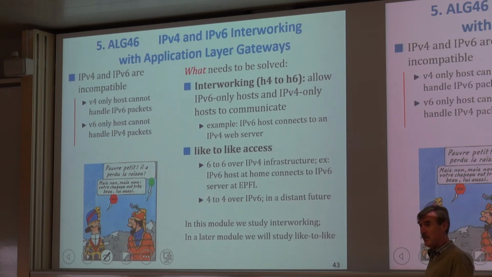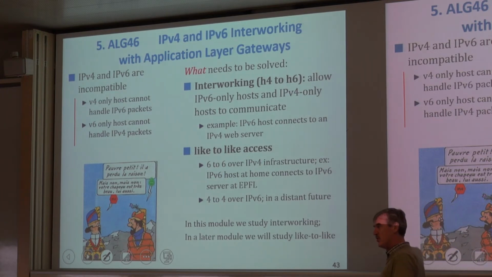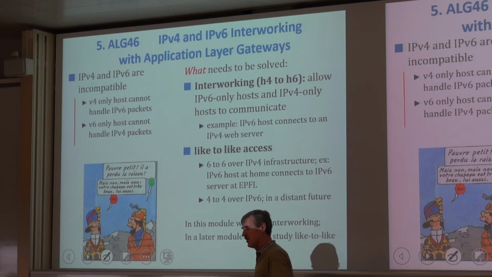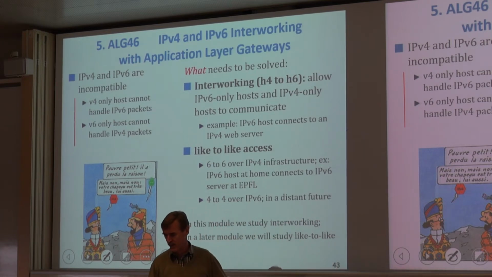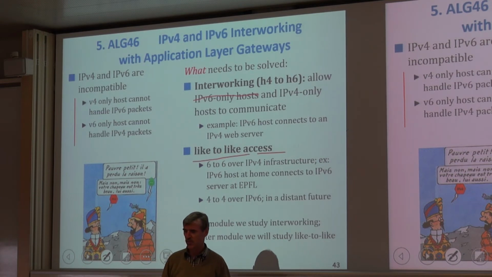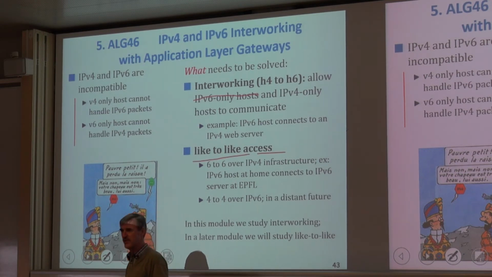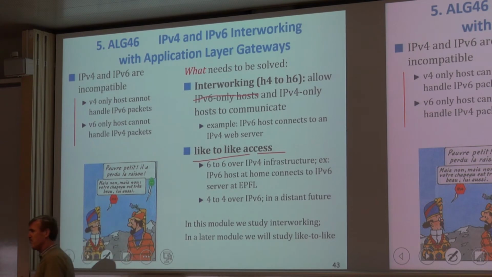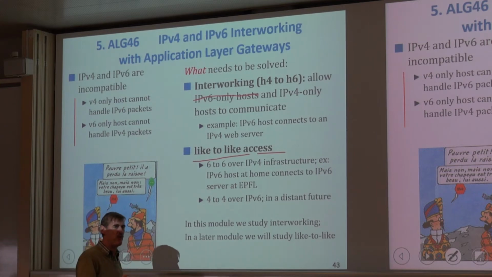To better understand what can be done and how to solve it, it is useful to make the distinction between those two words, interworking and like-to-like access, sometimes called simply tunnels. Interworking is the real hard problem, the one we would love to solve in all cases. I have an IPv4 only machine.